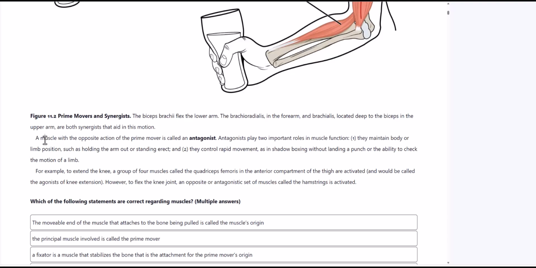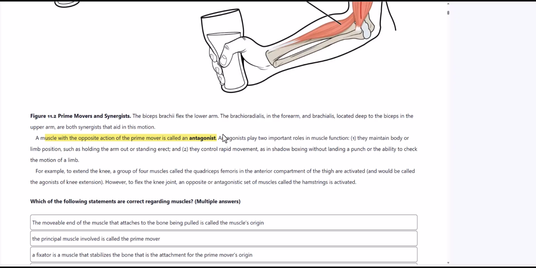So when a muscle contracts, that is where the power comes in, but there's always an opposite motion, and the opposite motion is always done by an antagonist. So an antagonist is the muscle that does the opposing work. You might see it described as an antagonist. You might see it described as an opposing muscle.